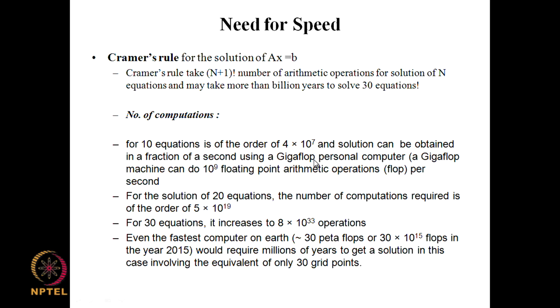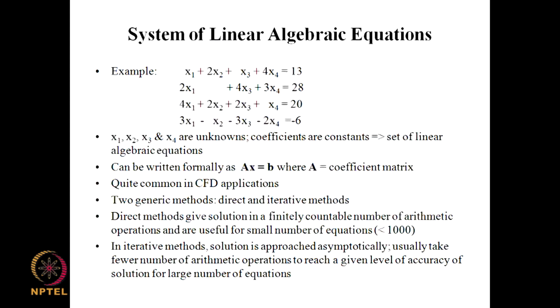So, if you have a gigaflop machine or a petaflop machine, you will get the solution in a fraction of a second, whereas Cramer's rule for 30 equations itself takes 10 to the power 33 operations, and Gaussian elimination for 10,000 equations will take of the order of 10 to the power 12 operations, and that is the advantage of the Gaussian elimination method.